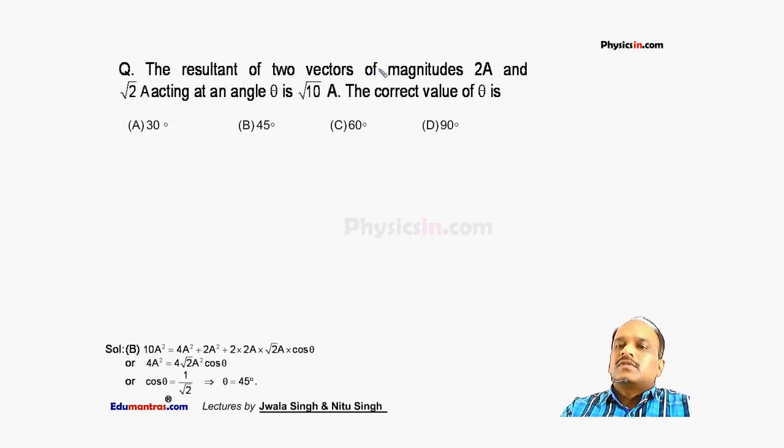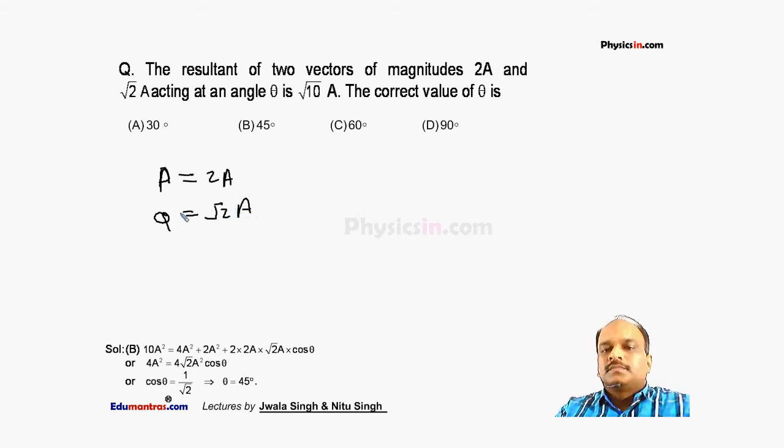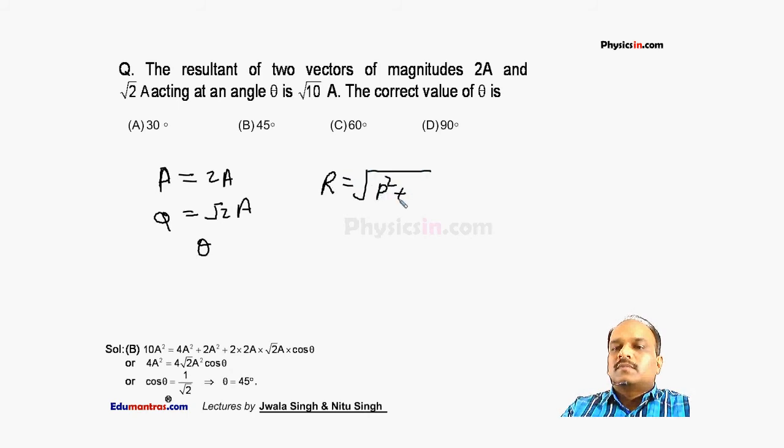The resultant of two vectors of magnitude 2a and root 2a. Let the magnitude of vector P be 2a and vector Q be root 2a, and the angle between these two is theta. It is given that the resultant is root 10a. So the resultant is equal to root over P square plus Q square plus 2PQ cos theta.